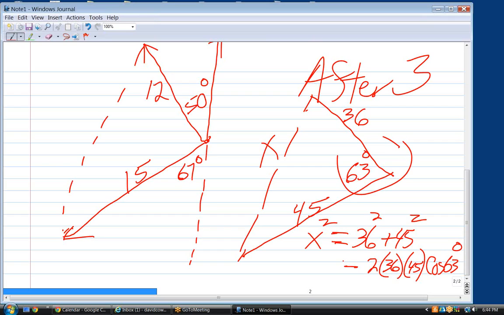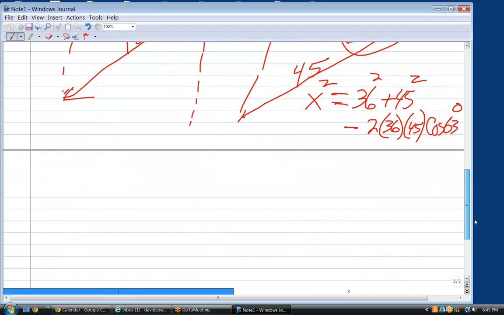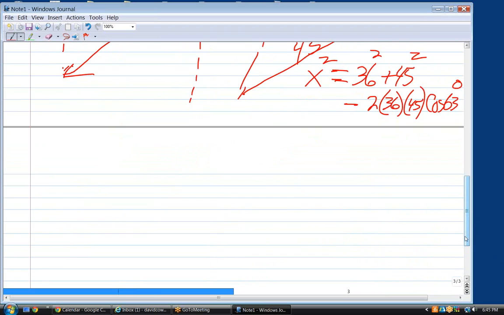Now notice that this is just arithmetic left. Cosine of 63 is a number.